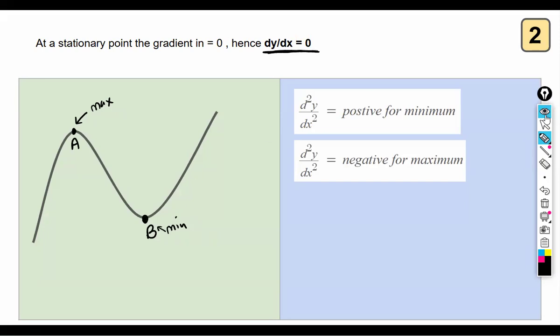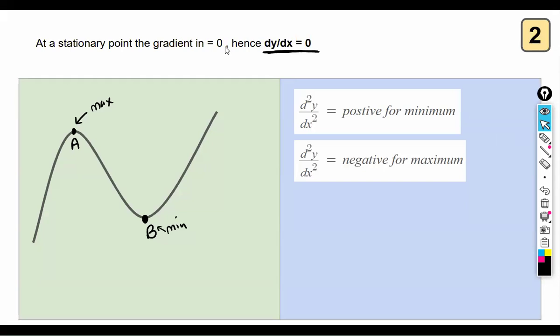We have a little problem here. Let me explain what that problem is. If I told you, and this is all I tell you, that we have a point and the gradient is 0, dy/dx is 0, what kind of point am I talking about?